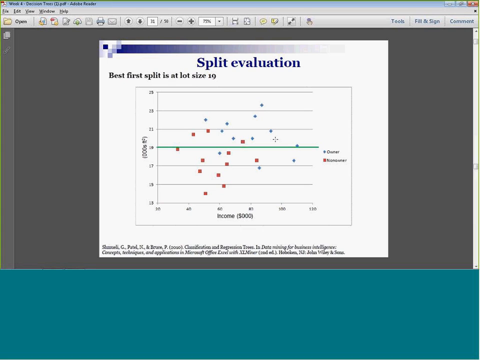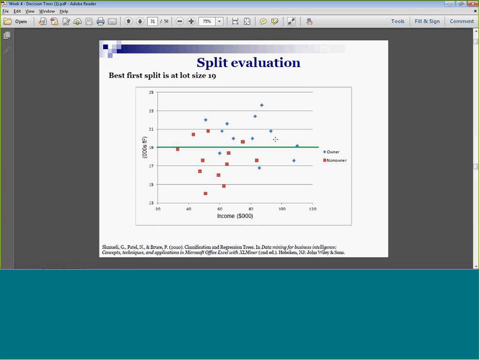Now, I'm not showing the calculations because I didn't do them, but certainly if you put this little data set into any software package, including SAS Enterprise Miner, it will give you all the Gini indexes, and it turns out the best one is the first one, to split on a lot size of 19. So it's not on income, it's on a lot size of 19.